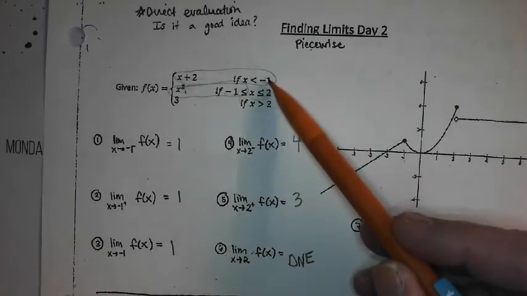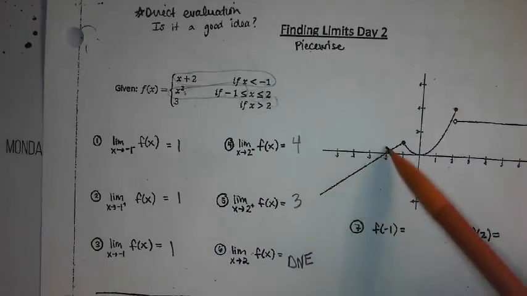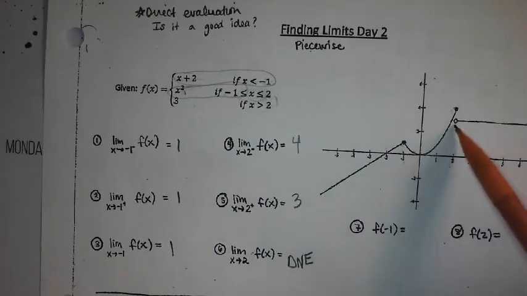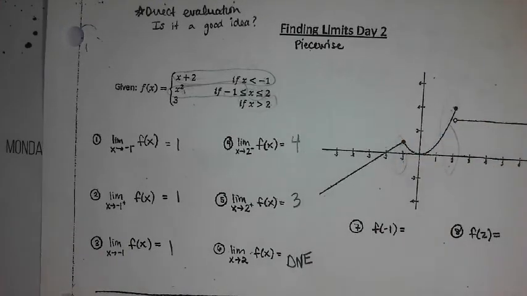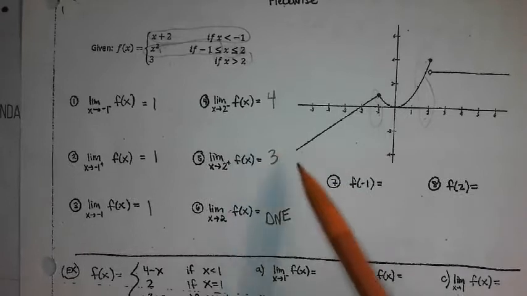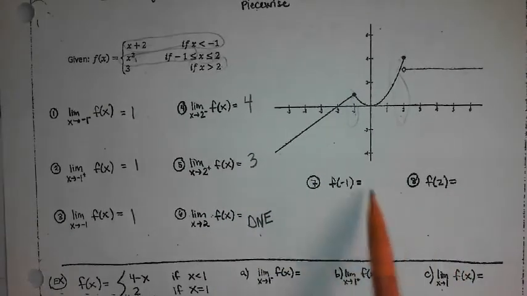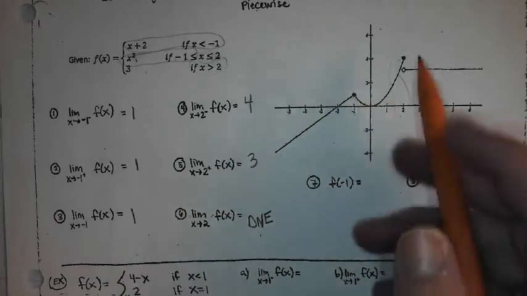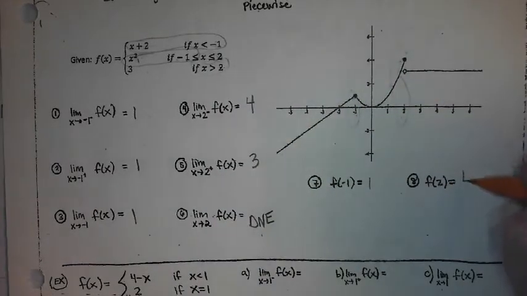When you're dealing with the limit as we approach a point of transition, where you're transitioning from one piece to the next piece to the next piece, these points of transition you should look at as one-sided limits, and see if they match. Just really quickly talking about function value, f of -1 is 1, f of 2 is 4.